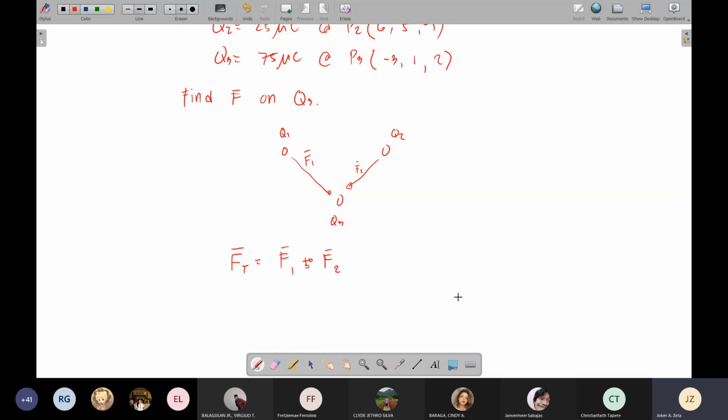Okay? Because you're not going to add the magnitude alone, but you're going to add them in vector form. This is most important. Basta multiple forces, you have to add vectorially. Dili pwede nga i-add nimo ang magnitude lang alone. You have to add both vectors.